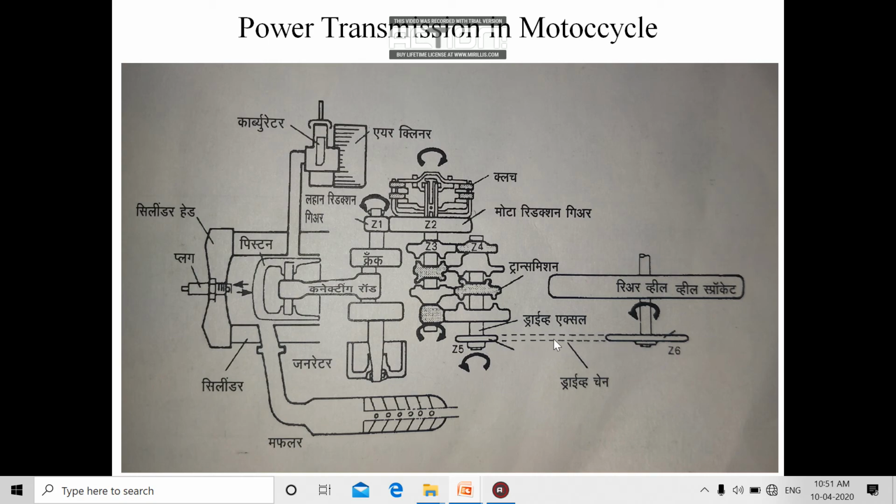So there is another gear reduction, where the small gear, or small pinion, is responsible for rotating the big rear sprocket. So that is another gear reduction. Here, whatever gear reduction we have, that is Z6 by Z5. In that way we have the power transmission.